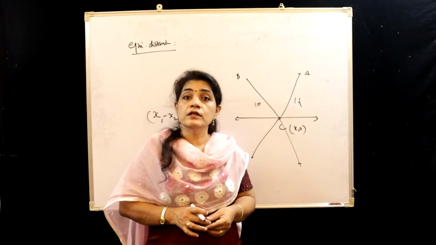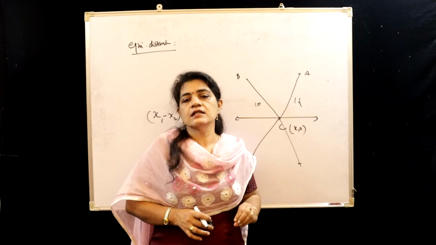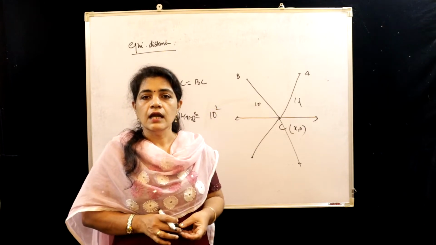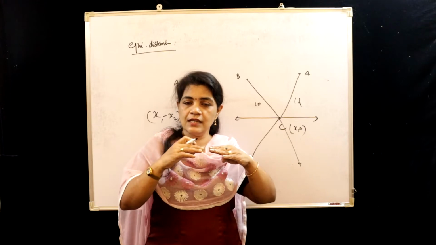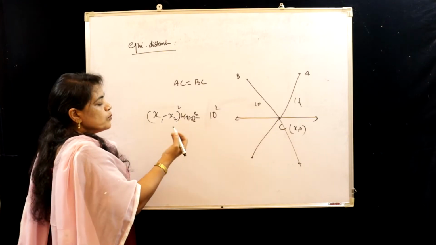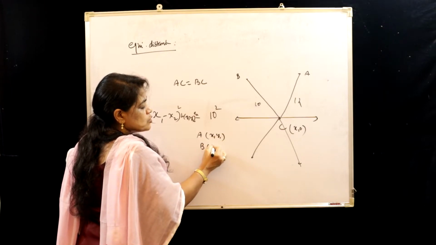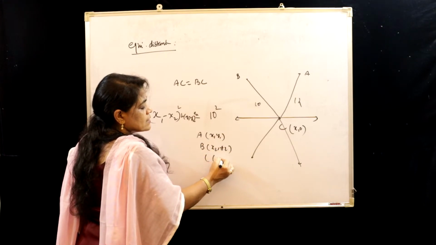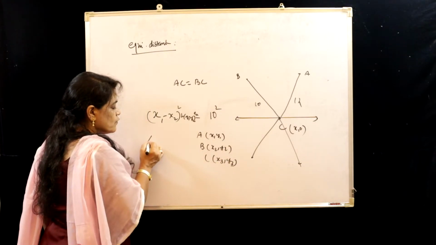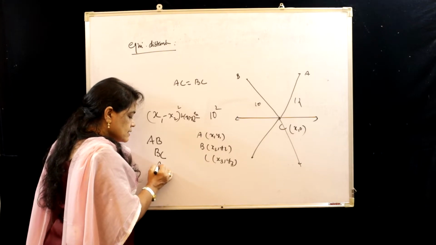Another point is collinear. How can we show that 3 points are collinear? In that case also we apply the distance formula. 3 points are said to be collinear if these 3 points lie on the same straight line. To prove that, you will be given 3 points, let them be A of x1 y1, B of x2 y2, and C of x3 y3. What you have to do is find AB using the distance formula, and find BC and AC.